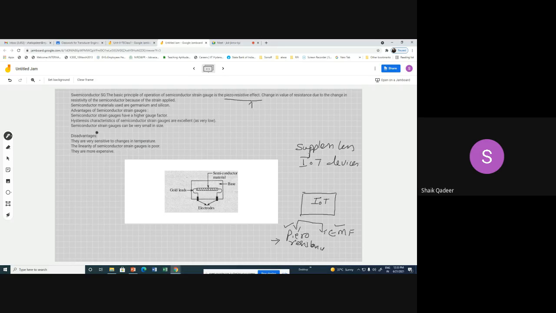The principle used to measure with a semiconducting strain gauge belongs to this category, piezo resistance effect, meaning the input side is applied pressure, and the output side is accordingly changing resistance. Hope it is clear to everybody?